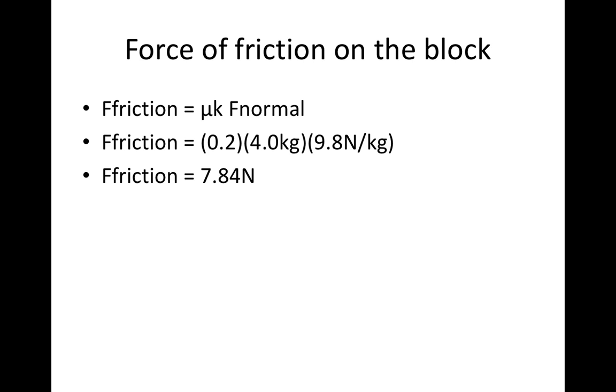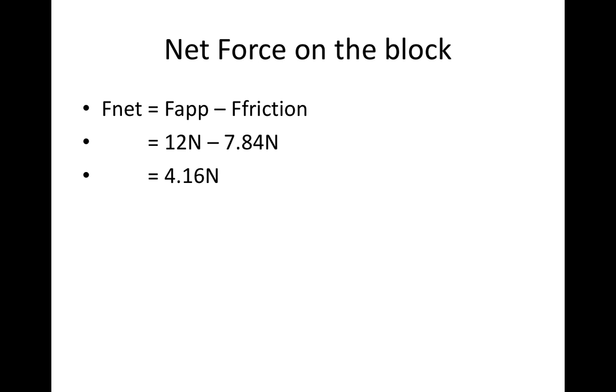So we can calculate the force of friction on the block. You can pause the video if I move too quickly and you need to write the notes. So F friction is just equal to mu k times F normal, and that's 7.84 newtons. And then we can calculate F net. F net is equal to F applied minus F friction.